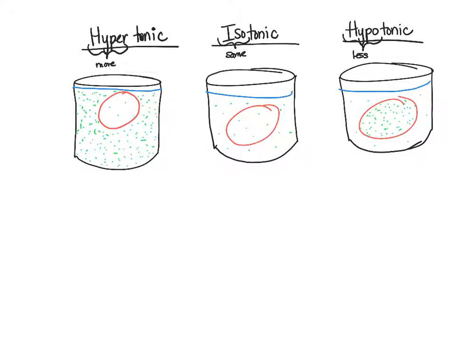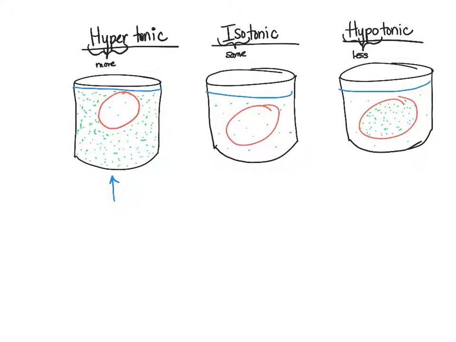So if we are in a hypertonic solution, this first container, and we put a cell in there, which direction do you think water is going to move? Do you think it's going to move toward the inside of the cell, or from the inside of the cell toward the outside of the cell?